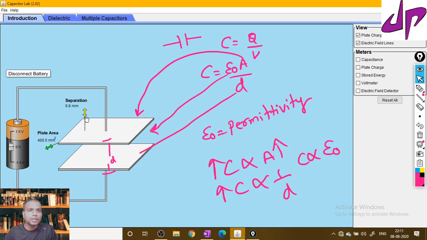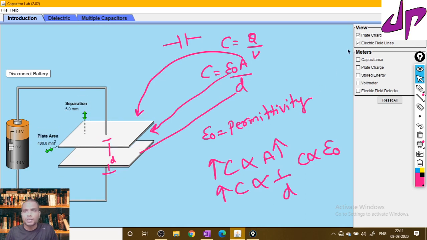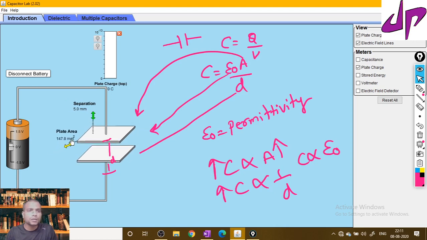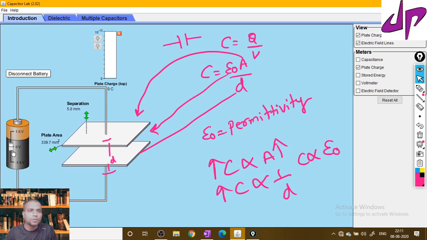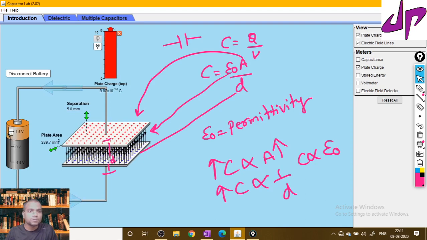If I decrease the separation, we can take the capacitance graph here. Now if you decrease the area, first I need to apply the potential. Now the capacitor is fully charged.